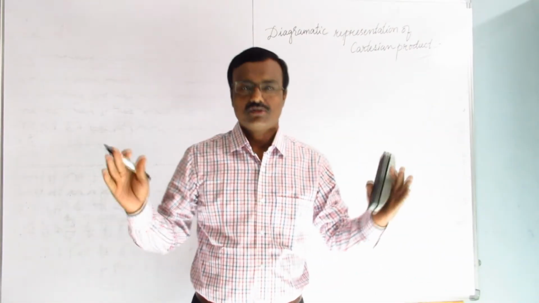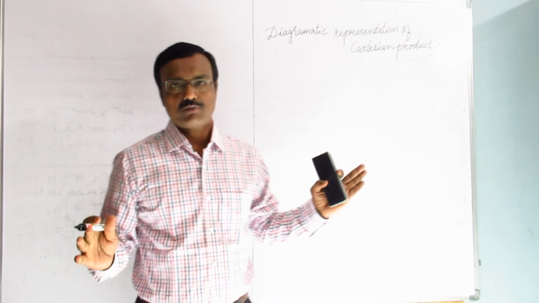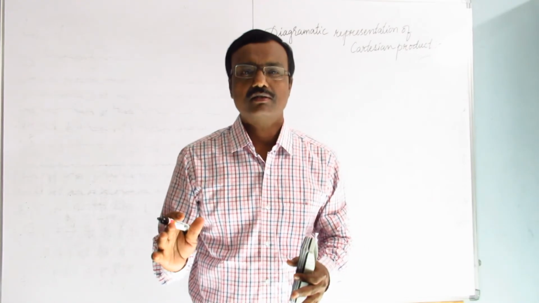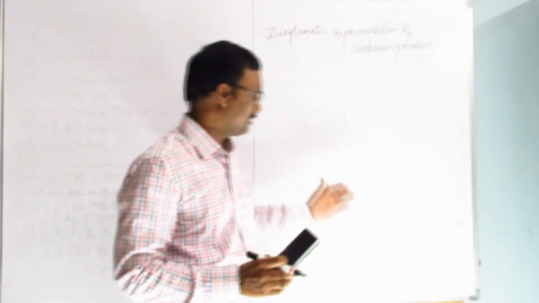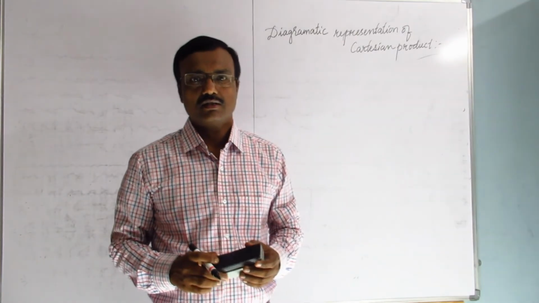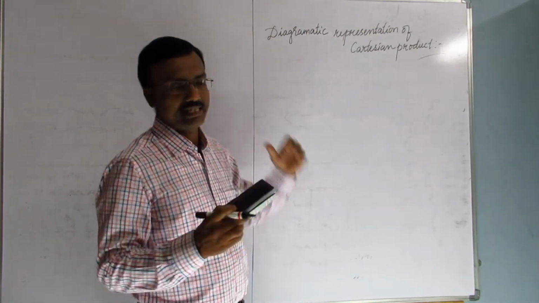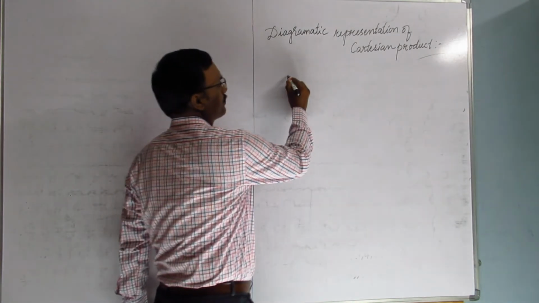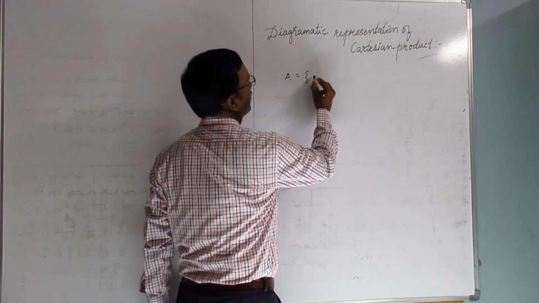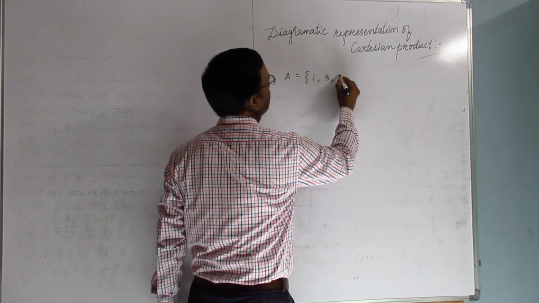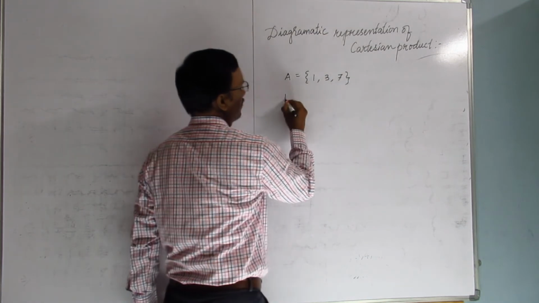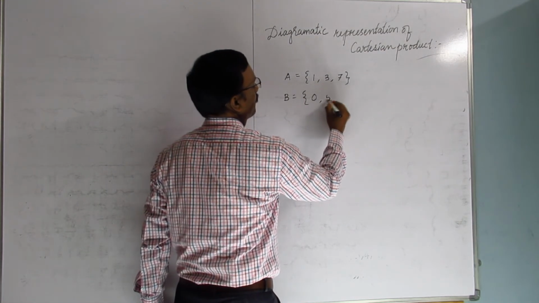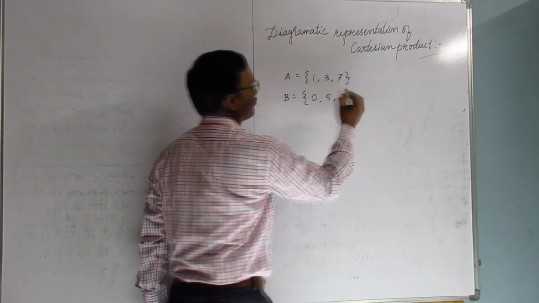Now let us see the diagrammatic representation of Cartesian products. We have seen Cartesian products mathematically. We have seen Cartesian products in the xy plane. And now we will see the diagrammatic representation. So in this case also, consider the first set A having elements 1, 3 and 7, and another set B containing elements 0, 5, 9.